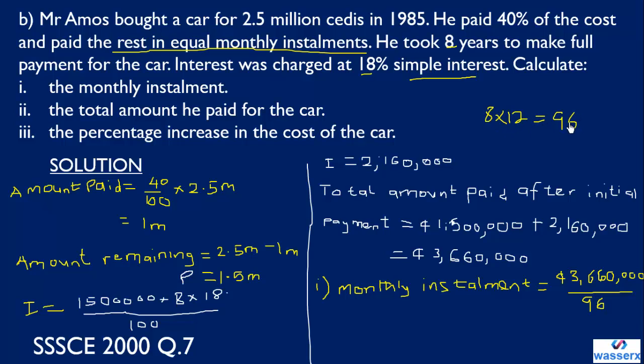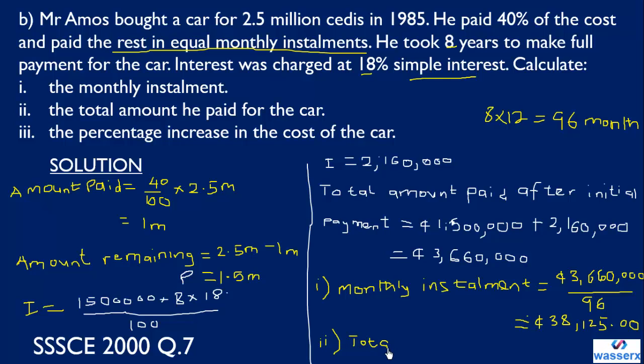We have 8 years, and each of them has 12 months. So we divide this to obtain 38,125 Ghana cedis. That is the monthly installment that Mr. Amos pays.